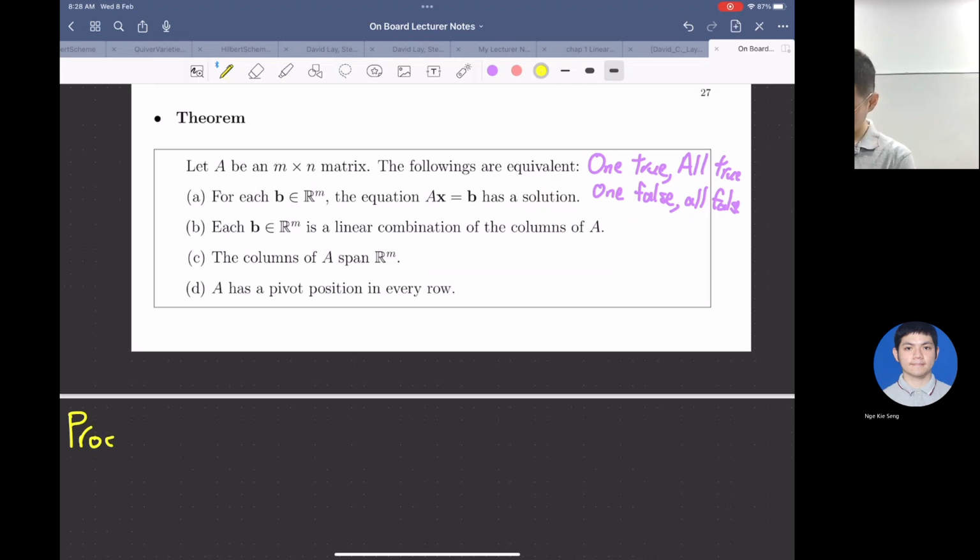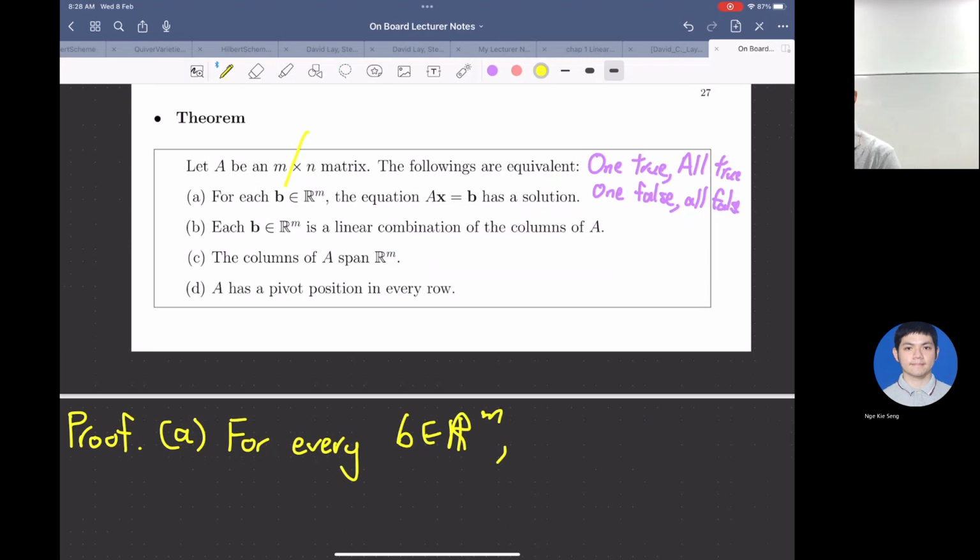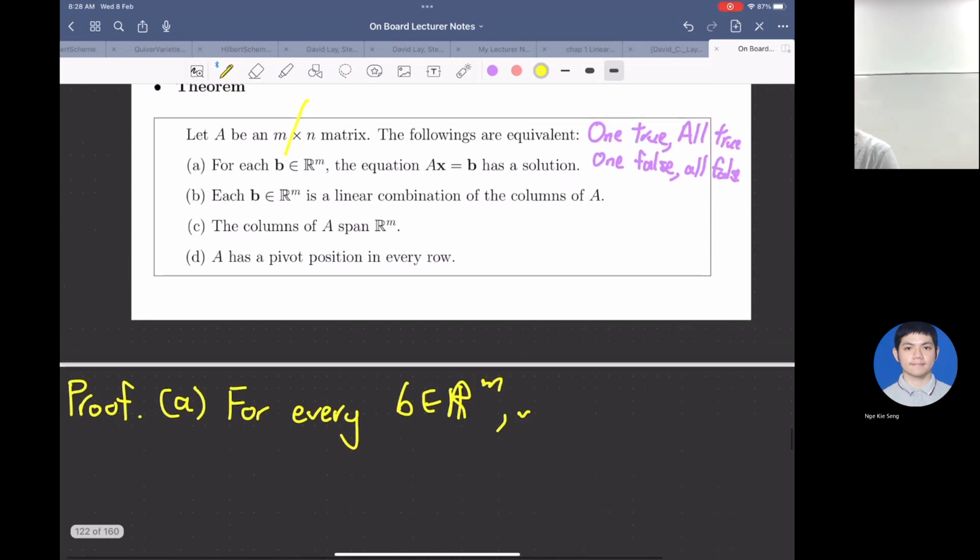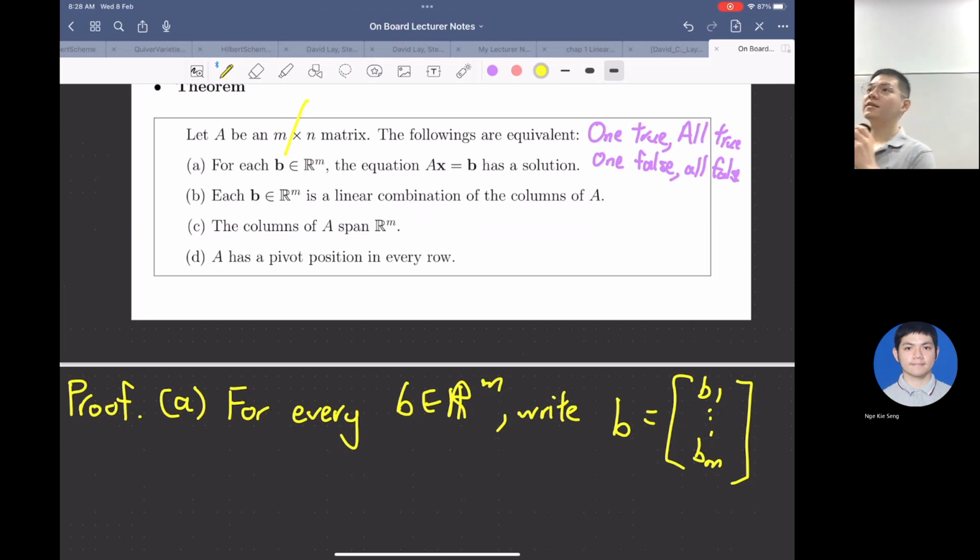Okay, let's prove here. So for A, for every b in Rm, you should imagine this b. So for every b in Rm, we can write b equal to b1 up to bm, because there are m numbers there.